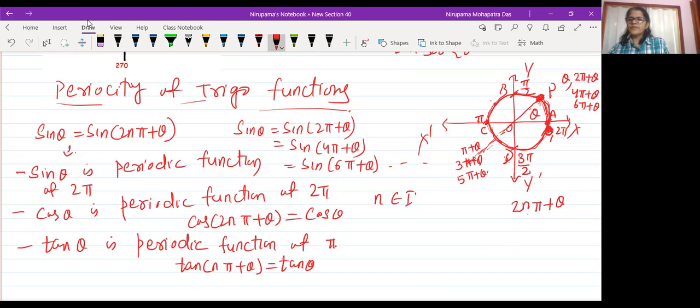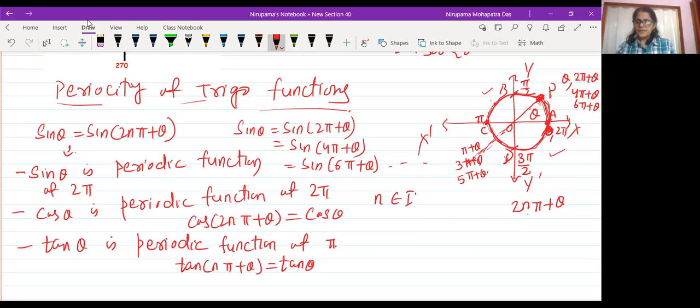So after every 2 pi radians, sine and cosine functions are repeated. Similarly, for tan, I have taken the first and third quadrants here; even if I take the second and fourth quadrants, tan theta is negative in both. So no change.